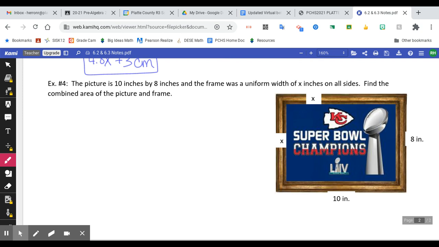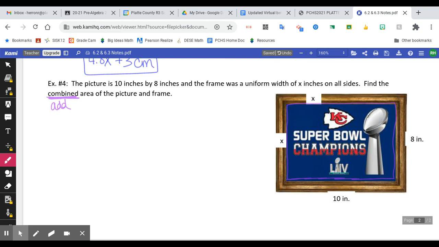Now this is telling us that it wants a combined area. Combined means we have to add something together. So this one is different, you guys. Paying attention to what it tells you is going to be really important. This part, the actual picture, just this blue inner rectangle, is 10 by 8.